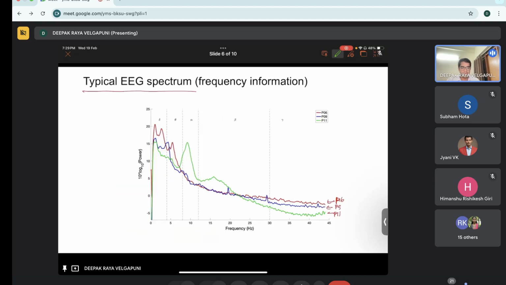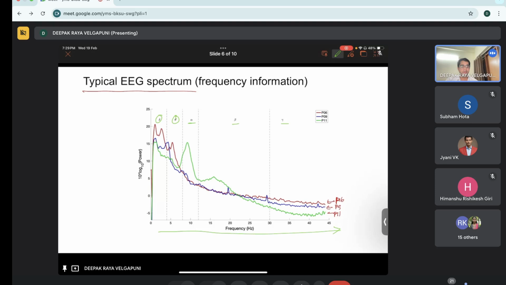So now coming to a typical EEG spectrum again. Here you see a typical spectrum, and we have divided the frequency axis into different bands: delta band, theta band, alpha band, beta and gamma bands.